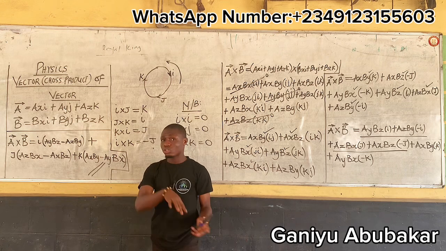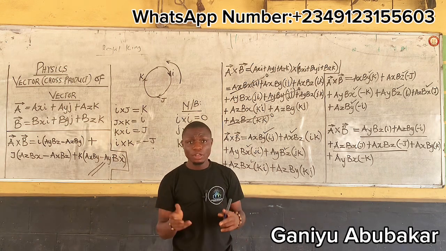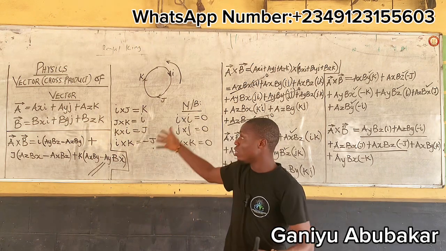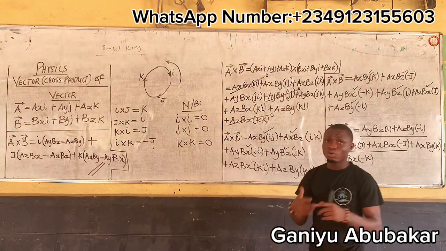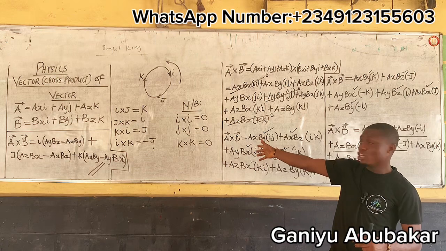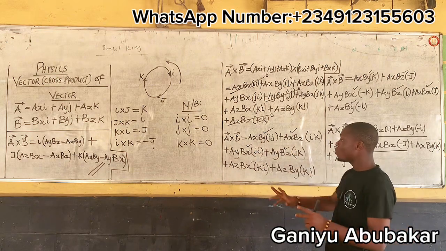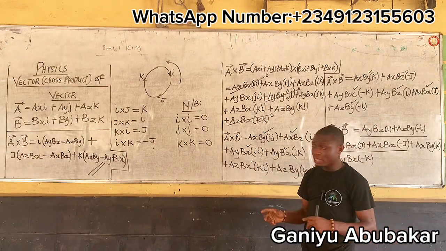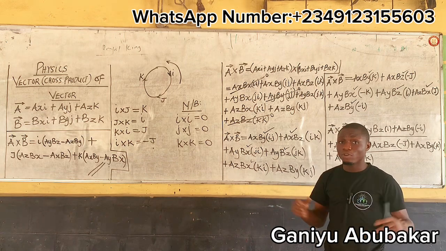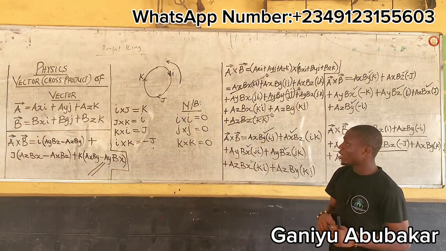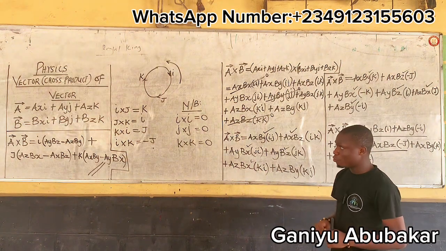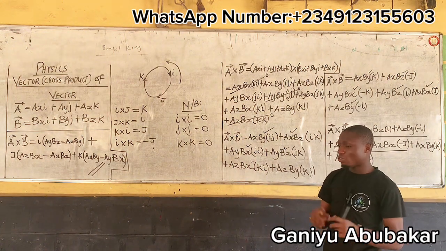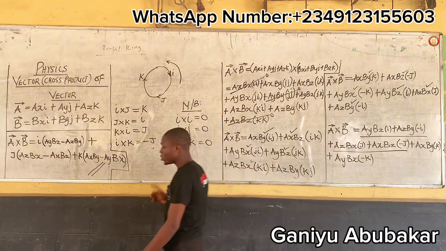But I still have to show you this concept so you know that it exists and how it works. Then I'll show you the shortcut, shortly. All right, let's look at the determinant of the cross product of two vectors.